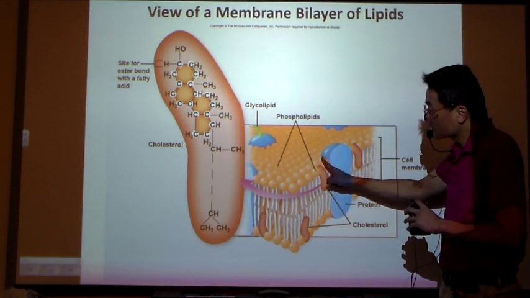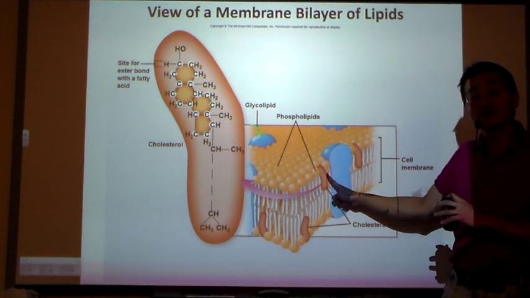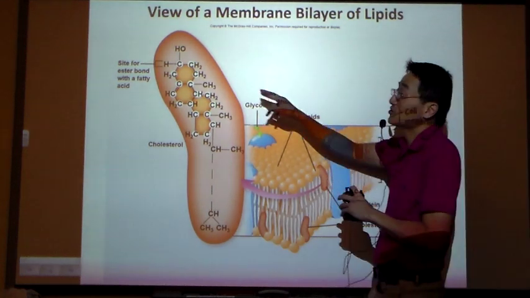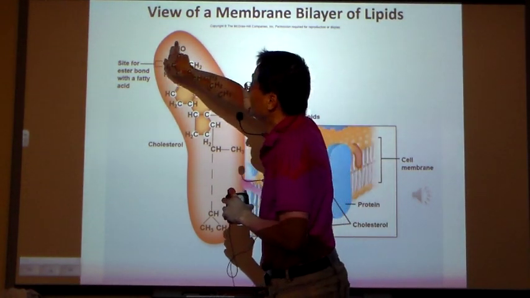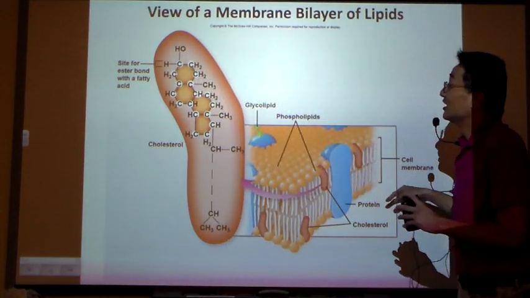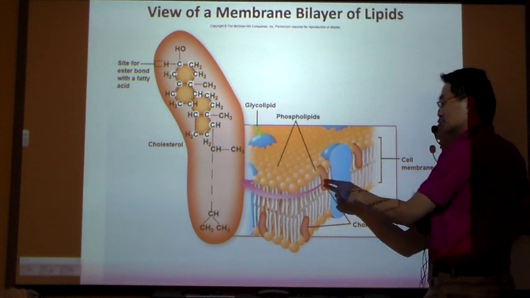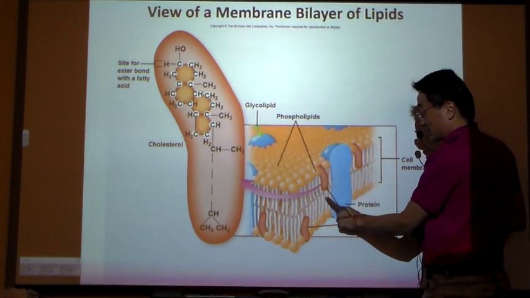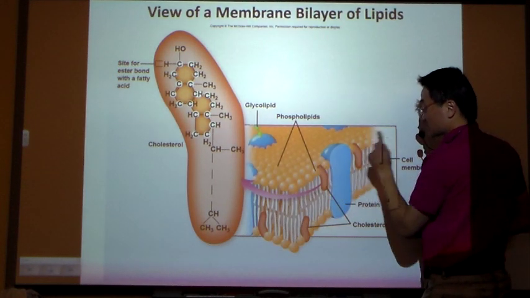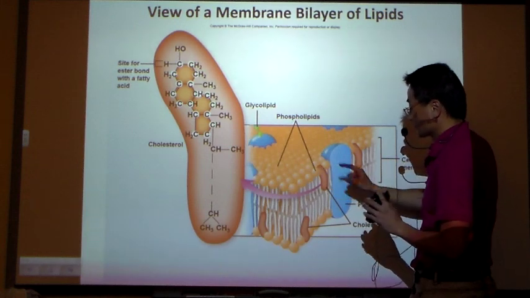It mixes with the cell membrane very well because it is hydrophobic. The single OH, the very little bit of hydrophilic action at the head of the cholesterol molecule, is why this molecule is drawn like this. A little bit of OH faces and interacts with the phospholipid.